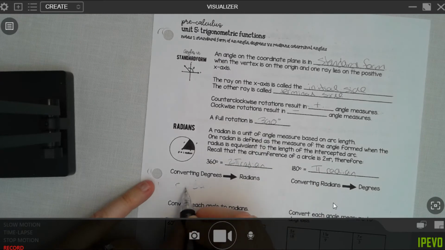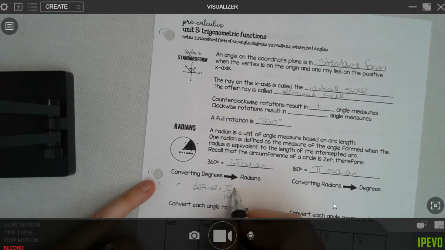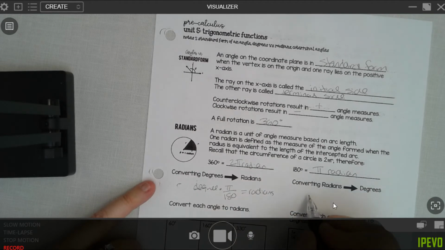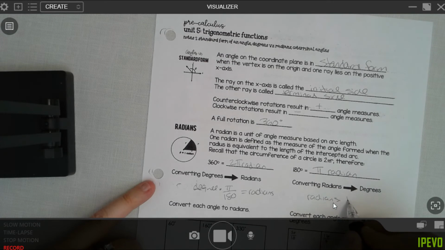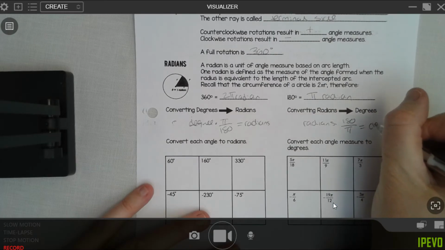If I have degrees and want to turn it into radians, I'm going to multiply it by pi over 180, and that turns it into radians. And then for this one, I'm going to have radians, and I'm going to multiply it by 180 over pi. You just flip the fraction here, and then that will give me degrees.